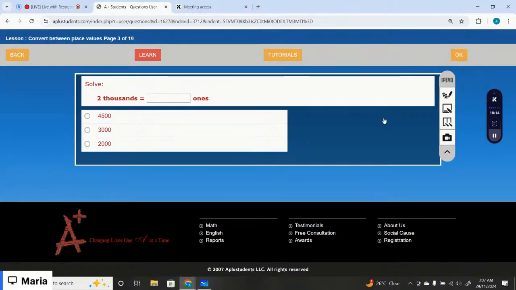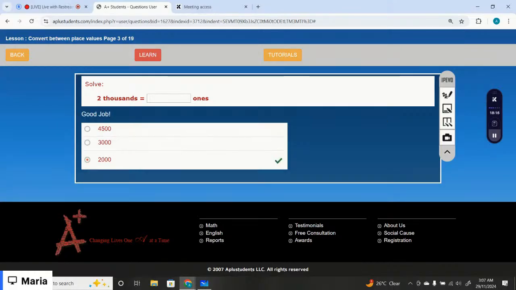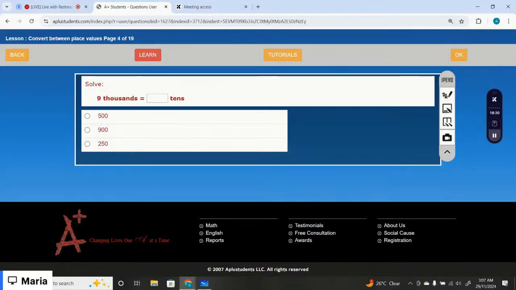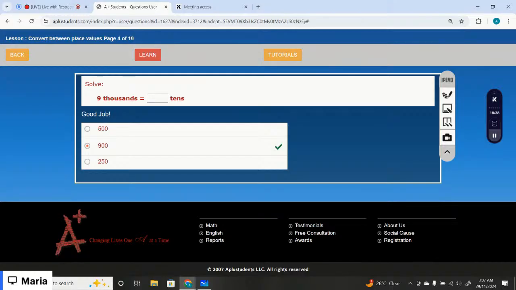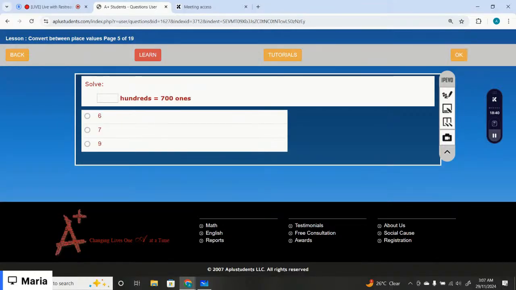That is 2,000 ones. Option number 3 is the correct option. 9,000s equal how many tens? 9,000s equal 900 tens. The correct option is 900.